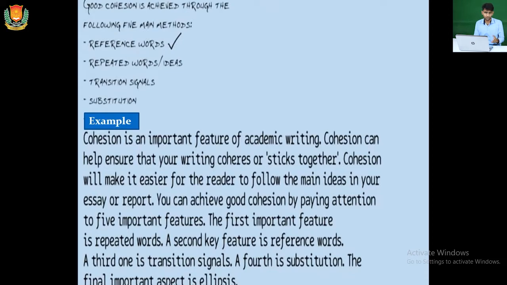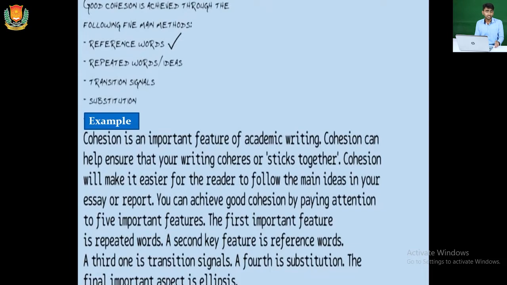What are those flaws? I can tell you, in the first line, cohesion is an important feature of academic writing. The cohesion can help ensure. Again, cohesion is repeated. So this is the flaw. In place of cohesion, we can use it. For example, if it is marked, reference words, what are reference words?